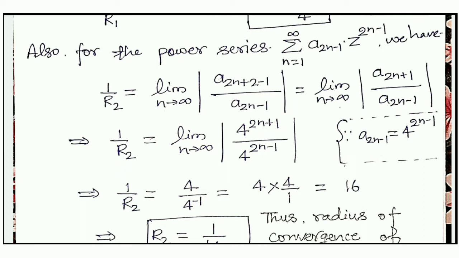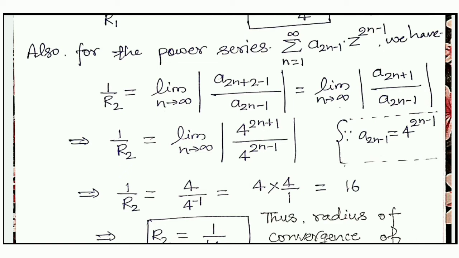So 1 upon r2 equals limit n tends to infinity modulus a_(n+1) upon a_n. This gives us modulus a_(2n+2-1) upon a_(2n-1), which equals limit n tends to infinity modulus a_(2n+1) upon a_(2n-1). Here the general term a_(2n-1) equals 4^(2n-1).